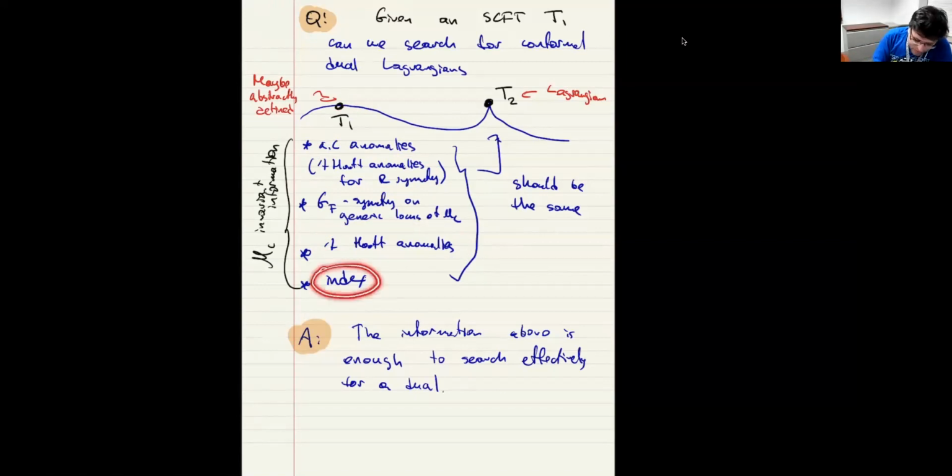Say also, in a good situation, this person tells us what is the index of this particular theory. And what is important about all of these pieces of information, as we have discussed, is that they are independent of continuous deformations of the theory. If the theory flows, they are independent of the flow. And if the theory is not flowing, they're independent of the couplings of the theory. So we call this information MC invariant information about the theory.